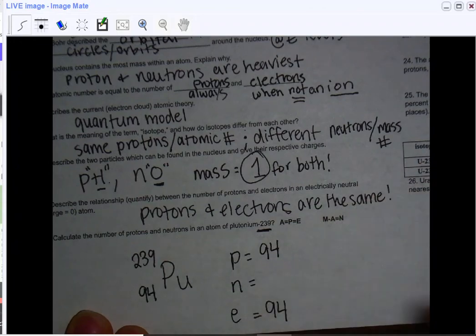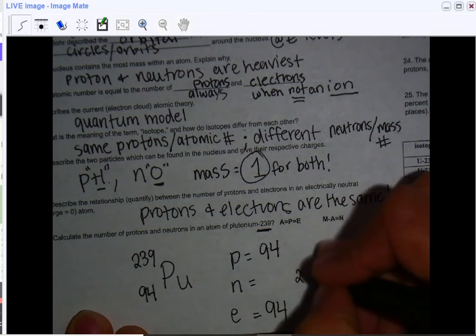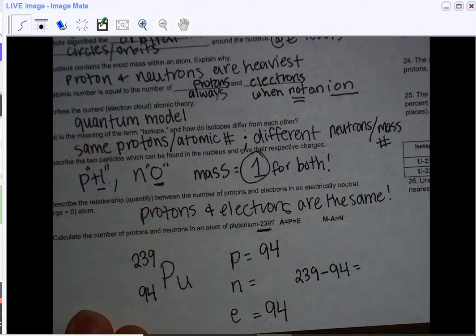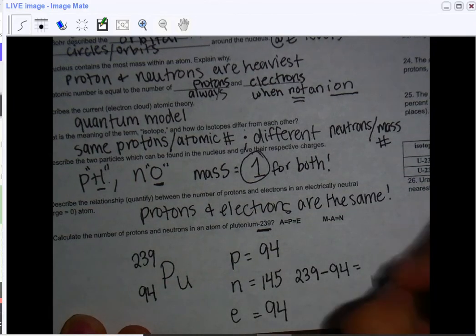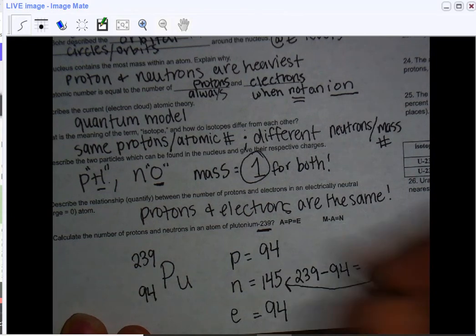Good. And then our neutrons, we're going to get from doing our mass number minus that 94. If you have a calculator, can you help me out with that? What'd you get? 145. Okay. Awesome. 145. Are there any questions on that?